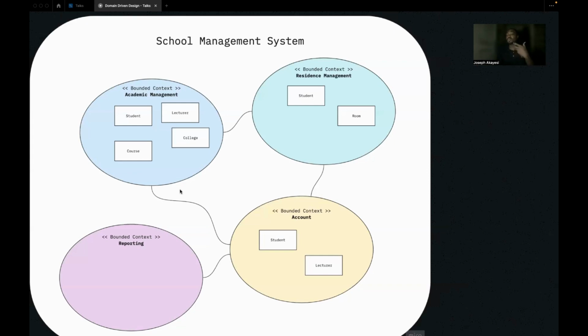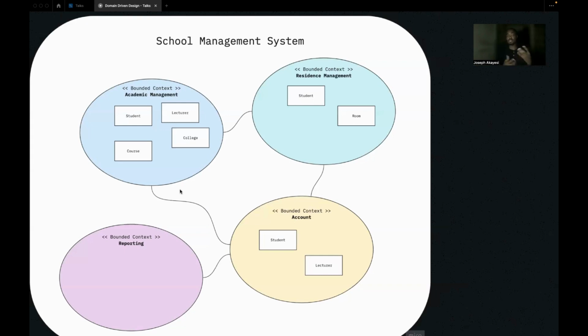So when we try to understand what a student is in an accounting sense, we want to know whether a student owes fees, whether a student has paid their fees. An academic context wouldn't really care about whether a student has paid their fees or owes any fees. They only deal with the academics of the students, what courses they've taken, what is their grade point average, things like that, right?